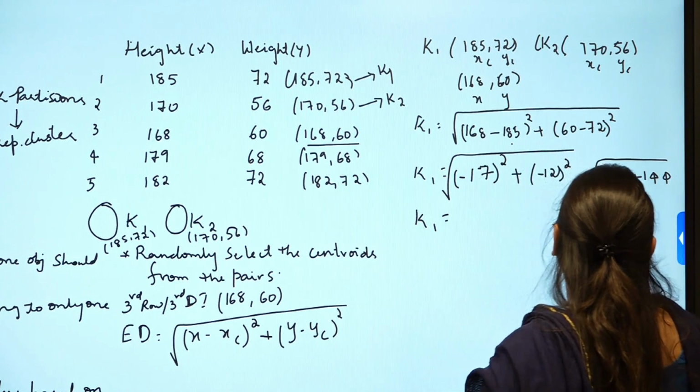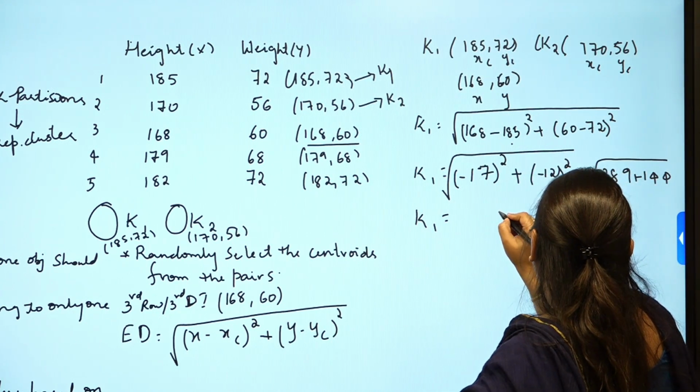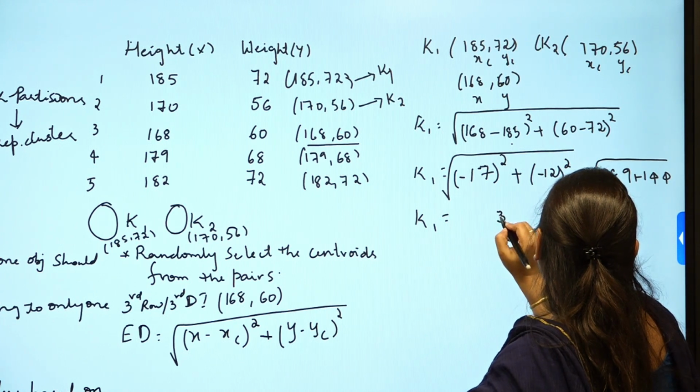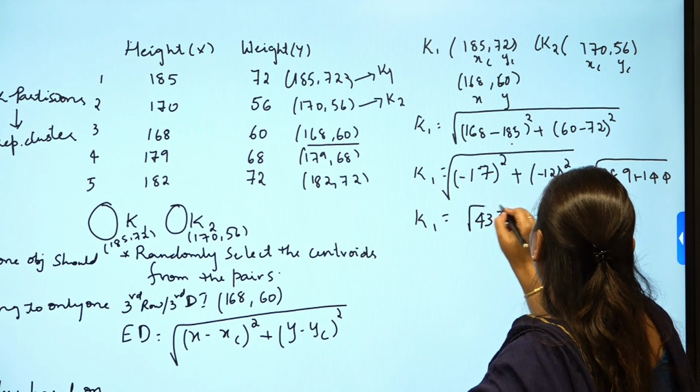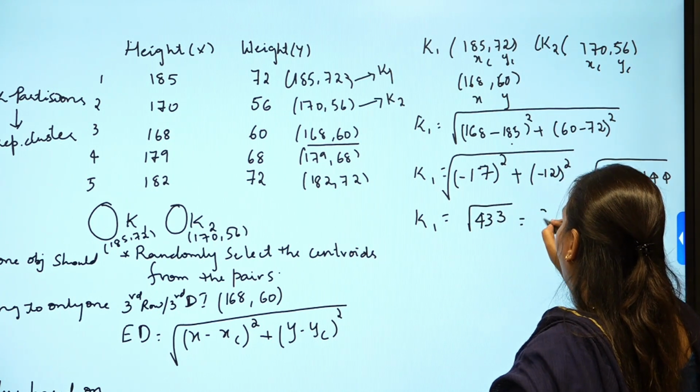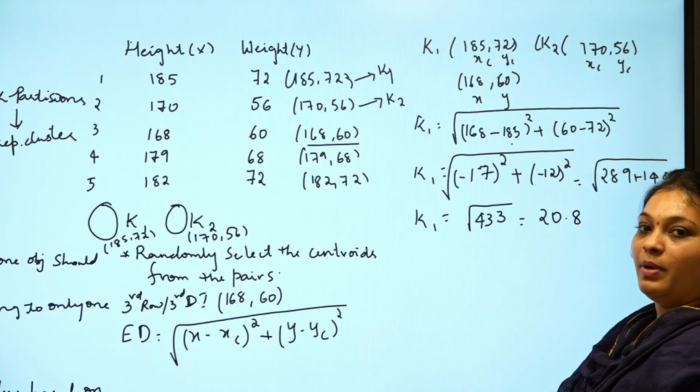K1 is equal to root of 433. Now it is approximately, I will consider it as something like 20.8. This is my K1 value.